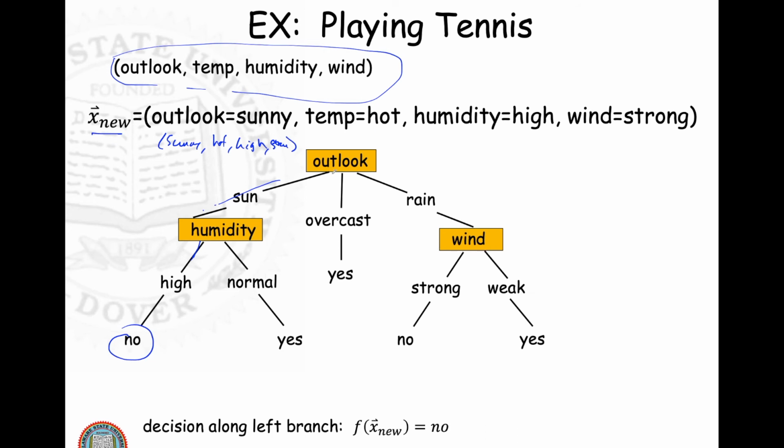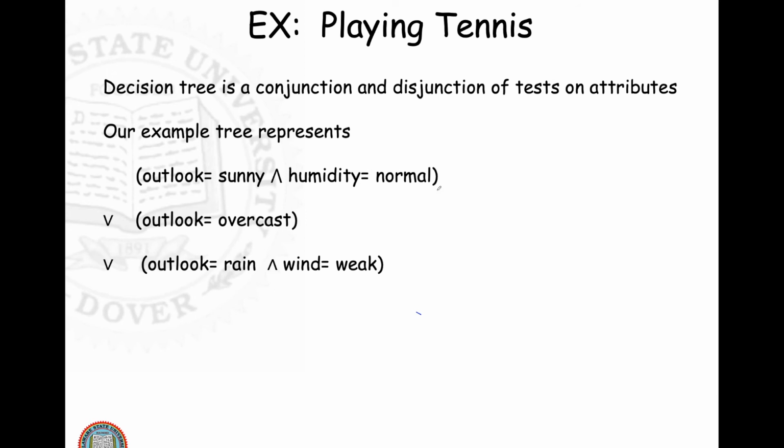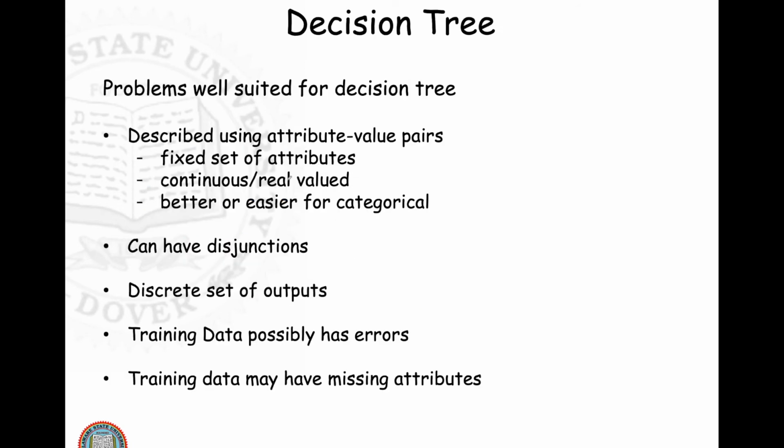Okay. And so a decision tree is nothing more than a conjunction and disjunction of tests on attributes. So these are our conjunctions, the anding, and we have a disjunction of these conjunctions, the oring together of these different conjunctions. All right.